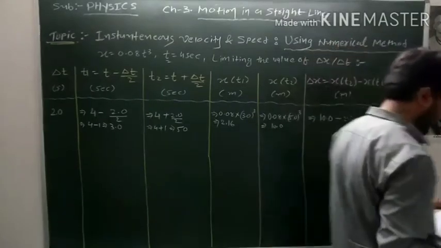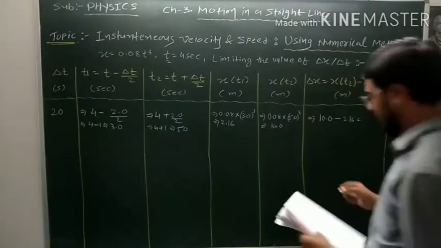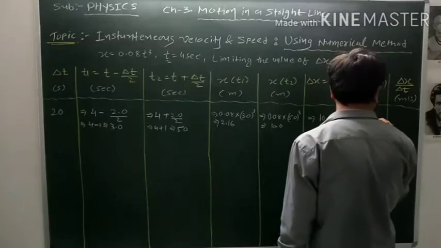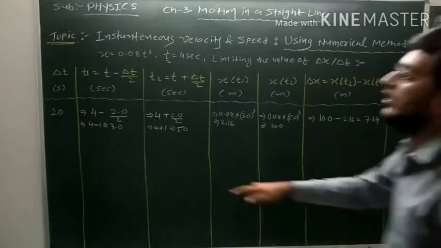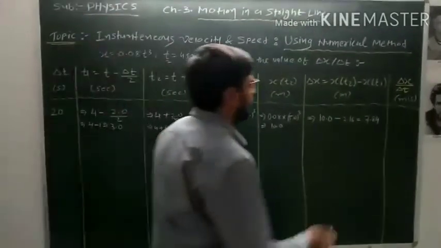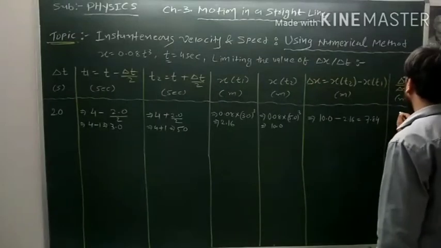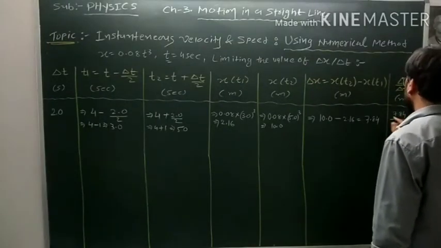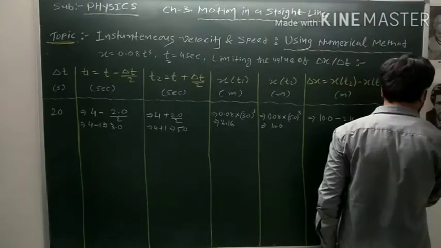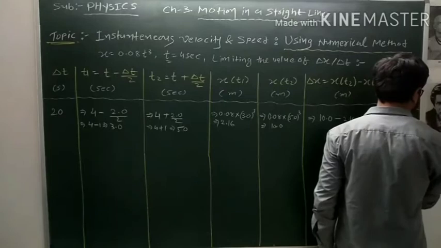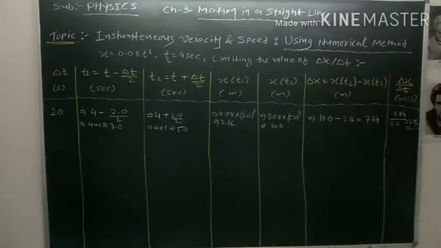So here we get the value 7.84. Now taking the limit of delta x by delta t, we get the average velocity over this interval: delta x, that is 7.84, divided by delta t, which is 2.0. So here we get 3.92.